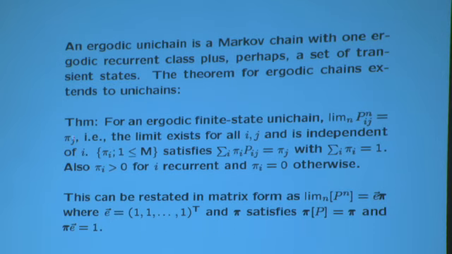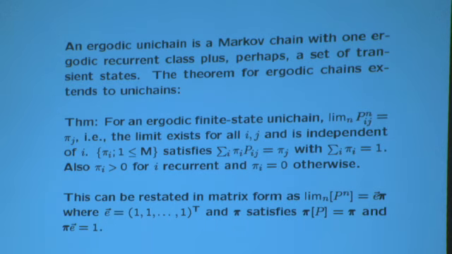And then also we can choose this so that this set of probabilities satisfies what's called the steady state condition: the sum of pi i times p sub ij is equal to pi j.